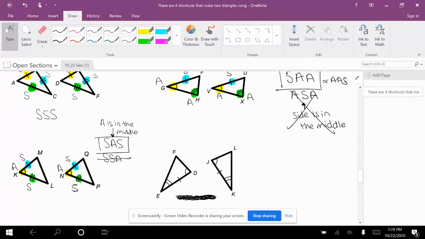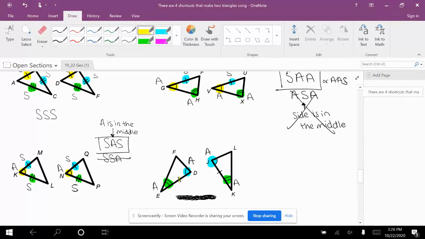And the last one. We have 2 marks in the corner, so these are angles. Tenemos dos marcas de congruencia en la esquina, entonces por eso esos son ángulos. And then we also have angle D and angle J. Ángulos D y J también.